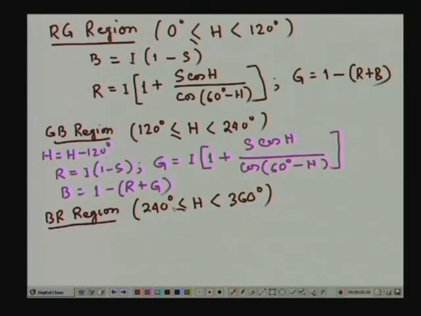And in the third sector, that is in the BR region, we have to modify H first like this. H should be equal to H minus 240 degree.